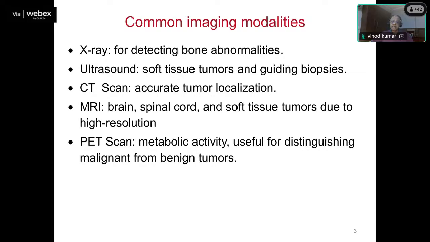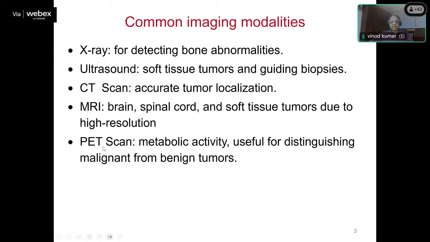So you can see how the tumor is looking, what is the nature of the tumor, what is the texture of the tumor. You can clearly visualize the tumor with high resolution. So you can say CT gives the anatomical information, whereas MRI will give me the location, size, and the texture of the tumor.